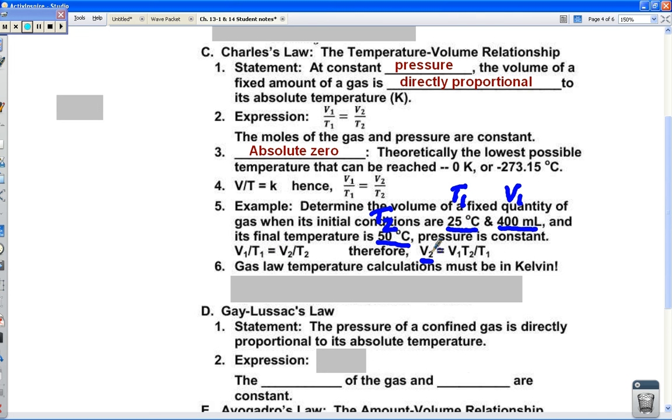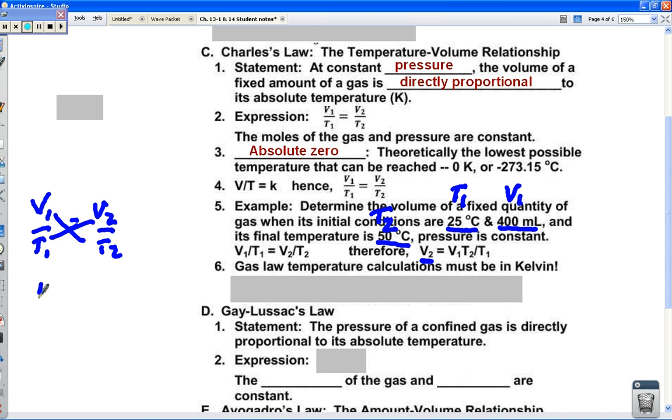Are we okay getting to this spot? V2 equals V1 T2 over T1. I think some people are going to have issues with this. So, V1 over T1 equals V2 over T2. We cross multiply.